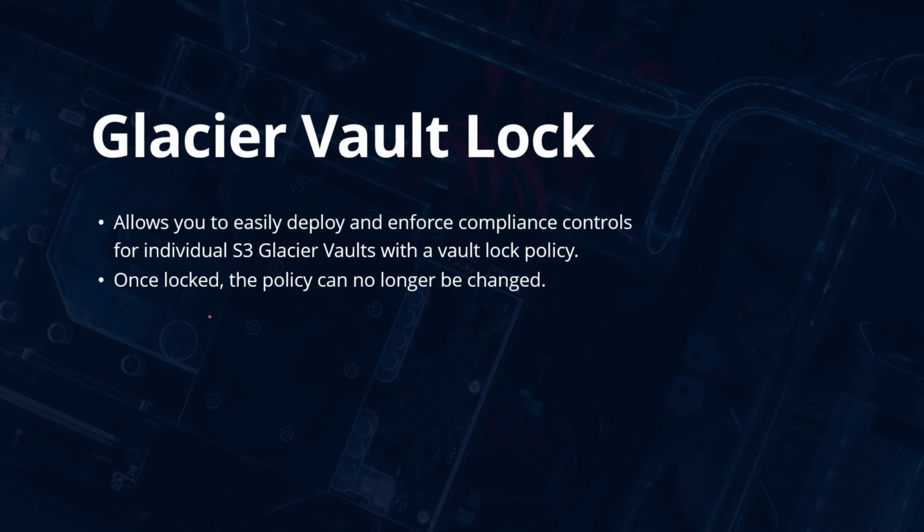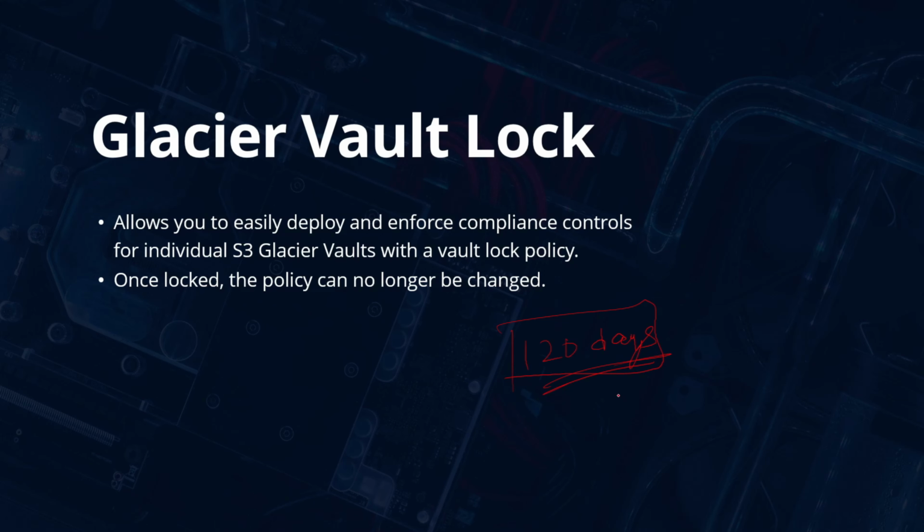And once that Glacier vault is locked, the policy can no longer be changed. So, for example, if you set a vault policy saying that for 120 days you cannot perform any action on this specified Glacier vault, and once you lock that vault, you will not be able to do anything. Even if you are a root user, you still will not be able to perform any action for 120 days.